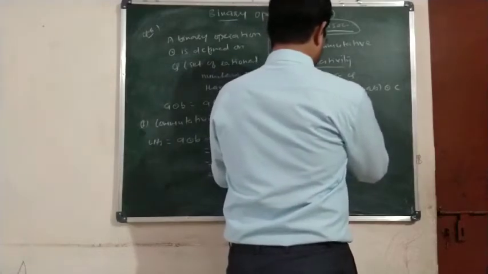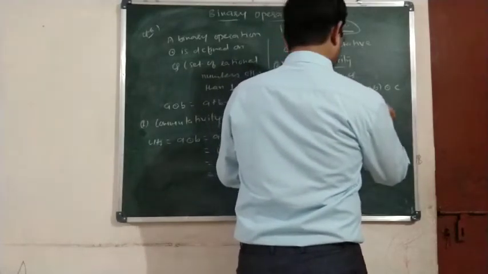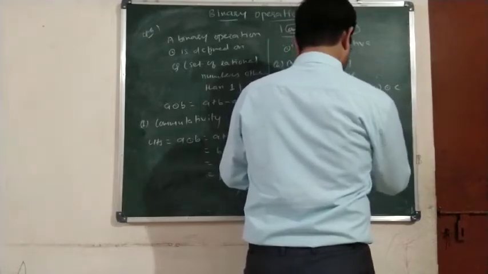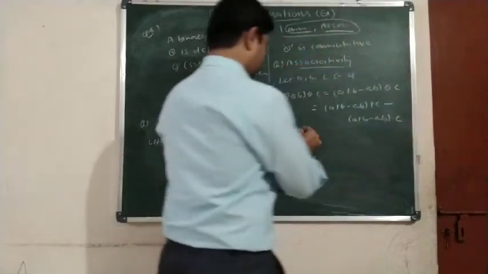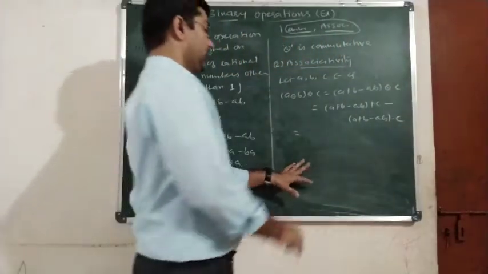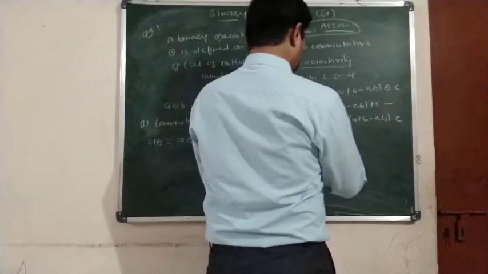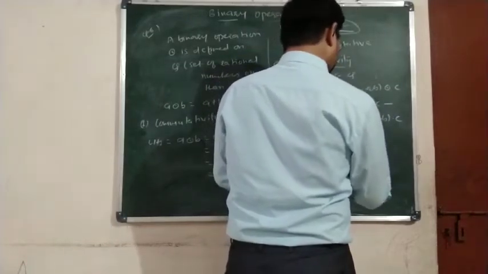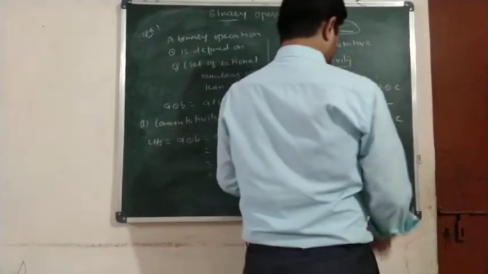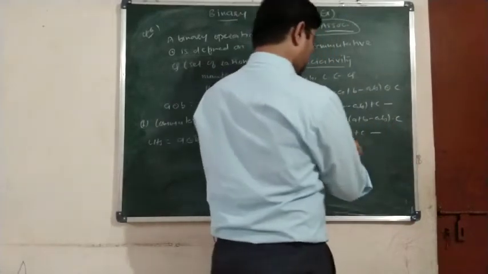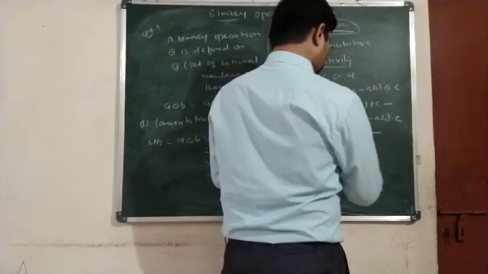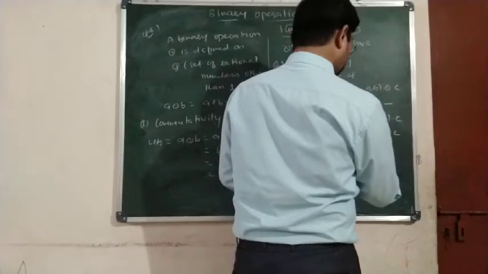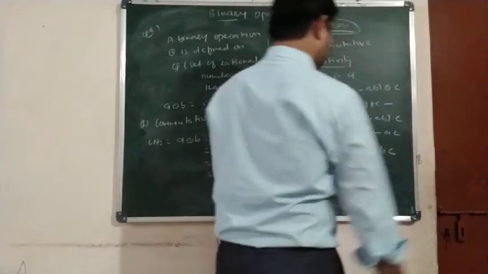So let us do that. Therefore A plus B minus AB plus C minus (A plus B minus AB) into C, and now we will simplify. So we will get A plus B minus AB plus C minus A minus B, C will be multiplied inside, so minus AC minus BC plus ABC.